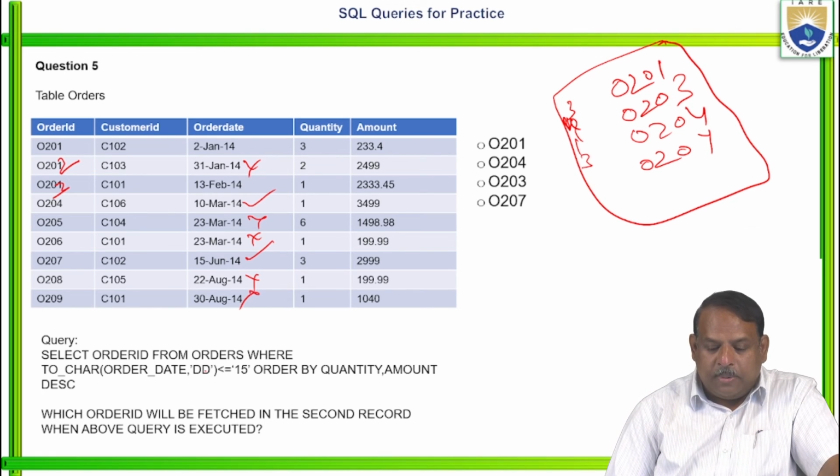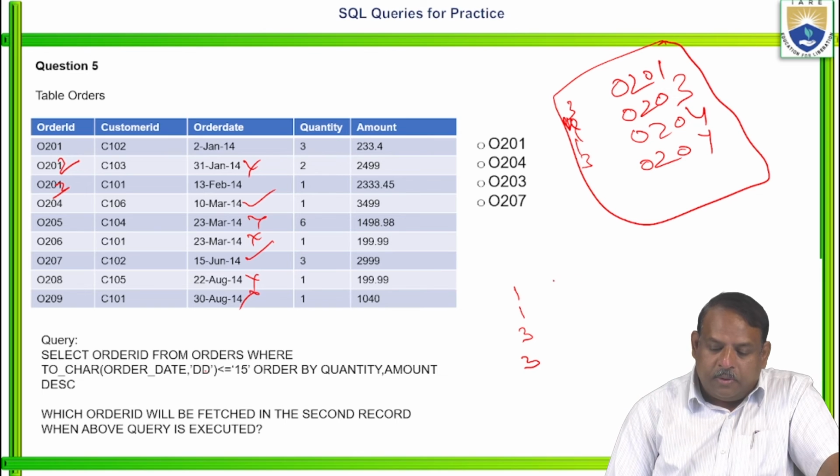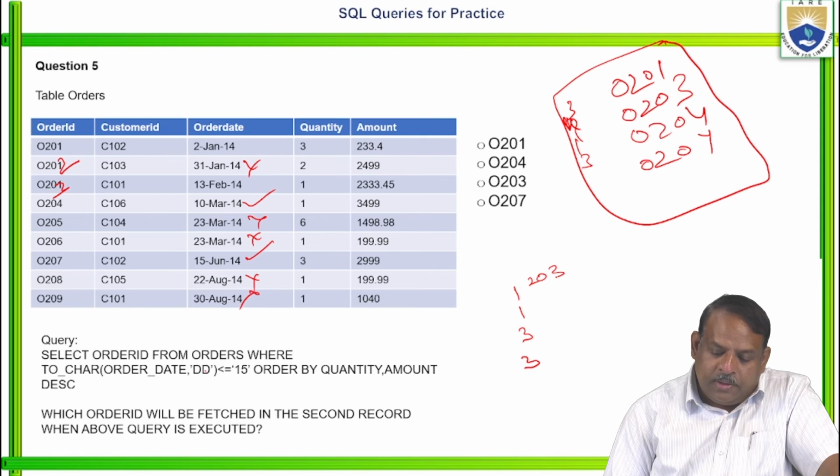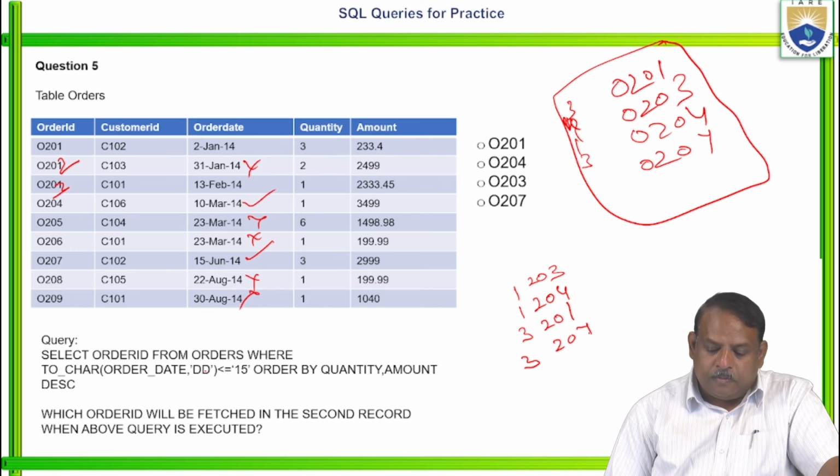So the order by quantity gives 1, 1, 3, 3.